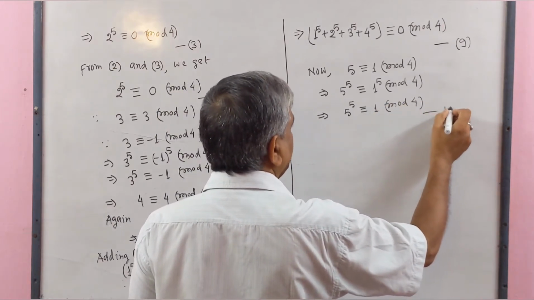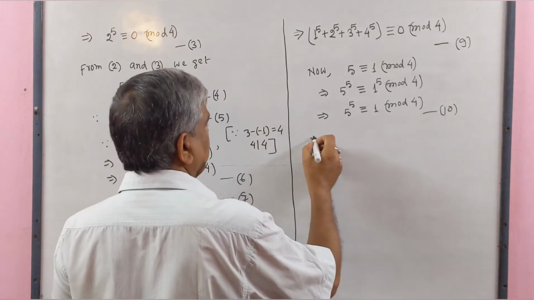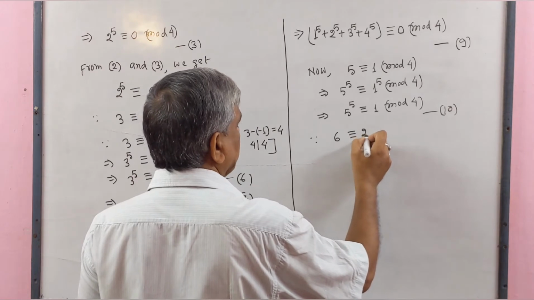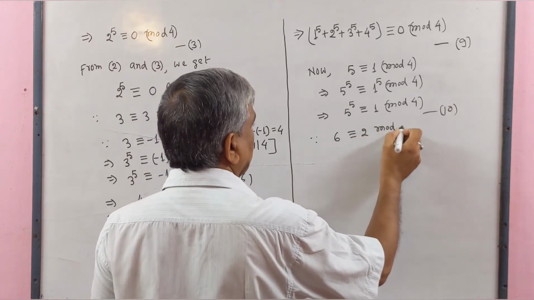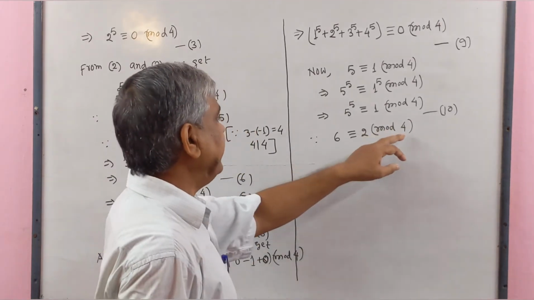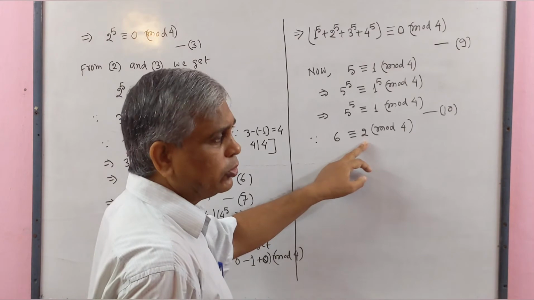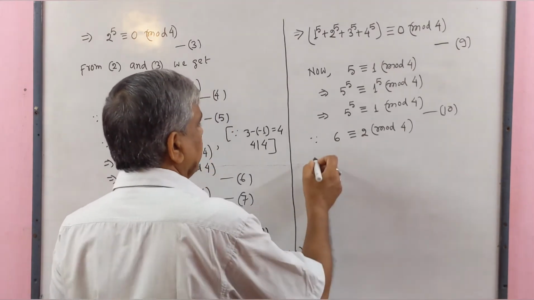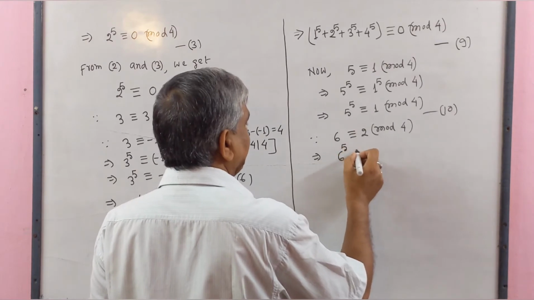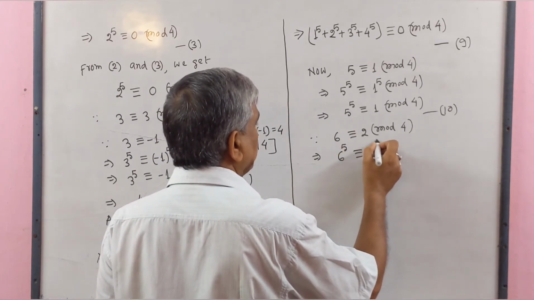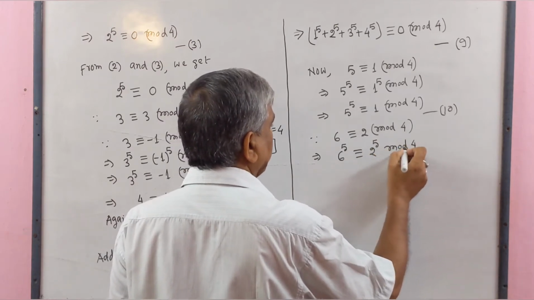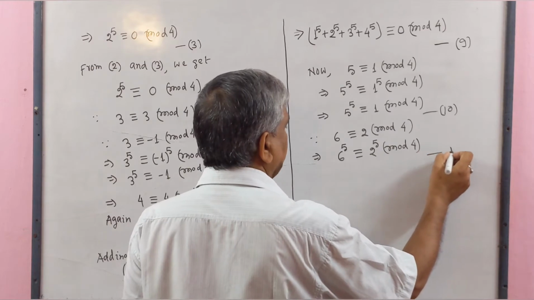This is number 10. Since 6 is congruent to 2 modulo 4, because when 6 is divided by 4, we get remainder 2. Implies that 6 to the power 5 is congruent to 2 to the power 5 modulo 4. This is number 11.